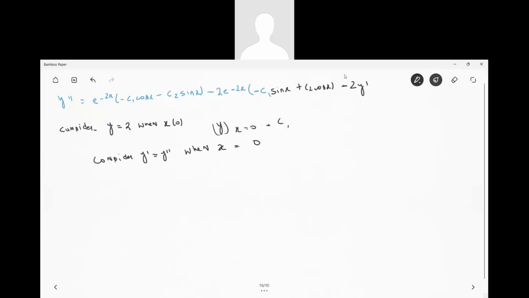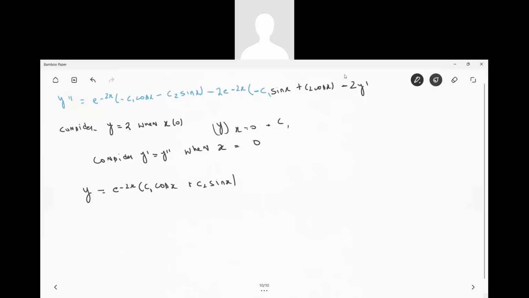Now you tell me, when y is equal to 2, so y value is what? Y value is the above value, the first value. y is equal to e power minus 2x, C1 cos of x plus C2 sine of x, right?